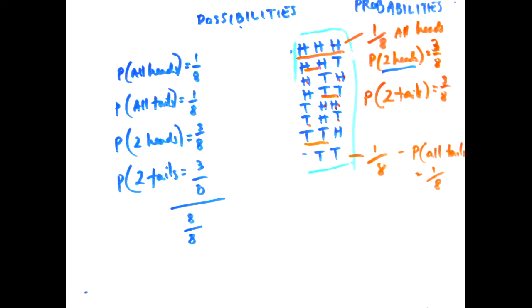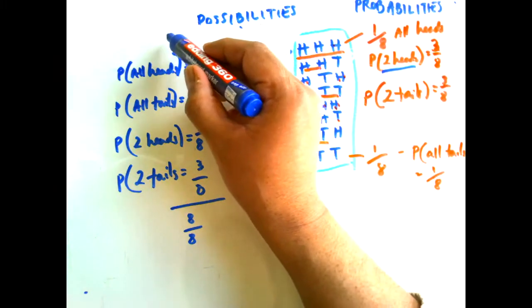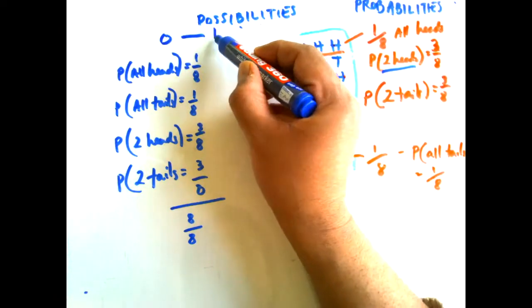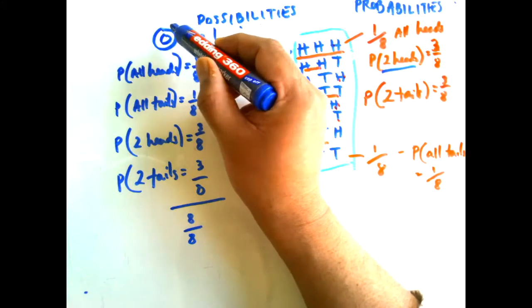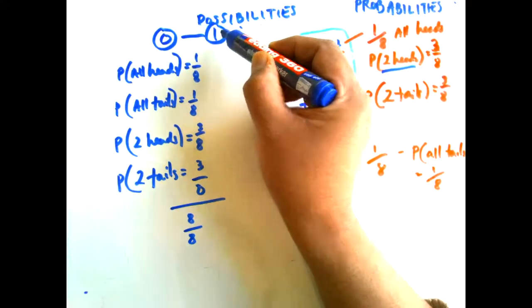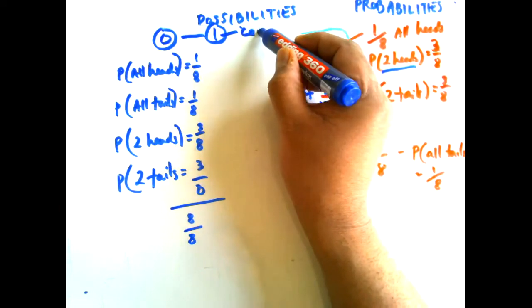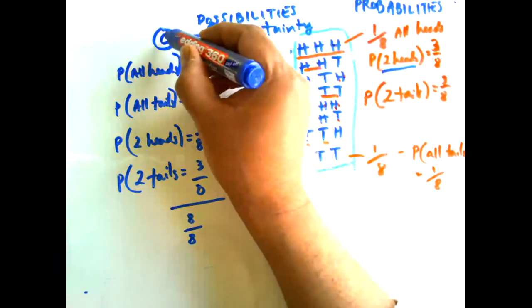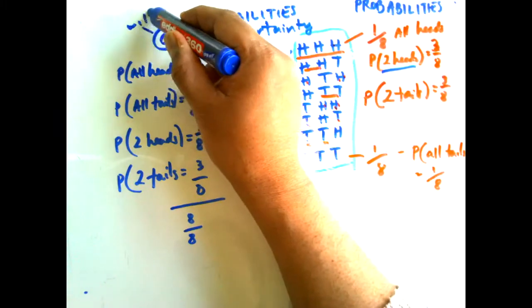But probabilities are mainly expressed between the numbers 0 and 1. 0 means it's unlikely to happen, and 1 is certainty that it will happen, and 0 is will not happen.